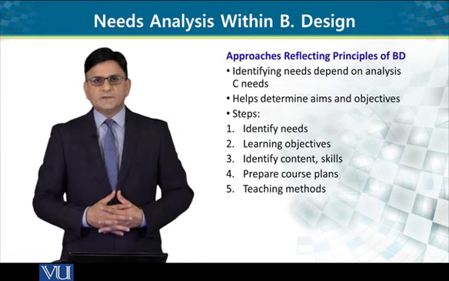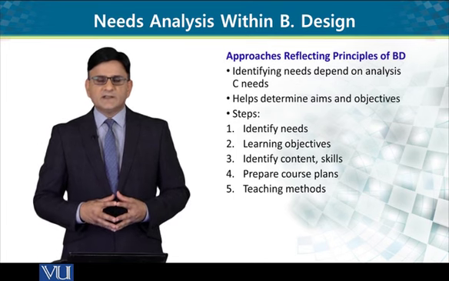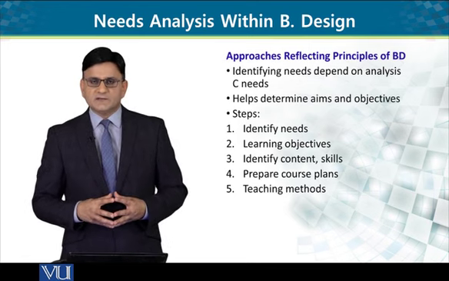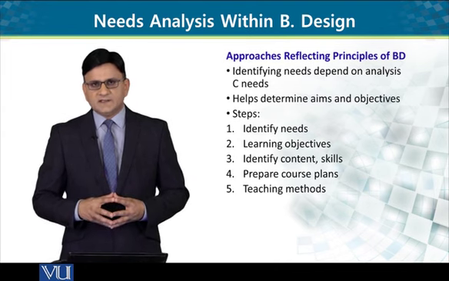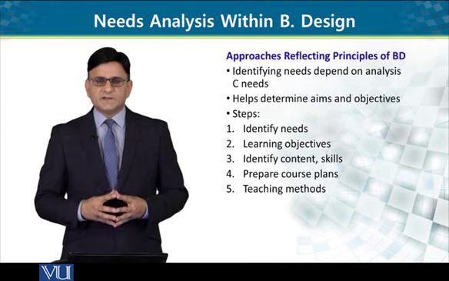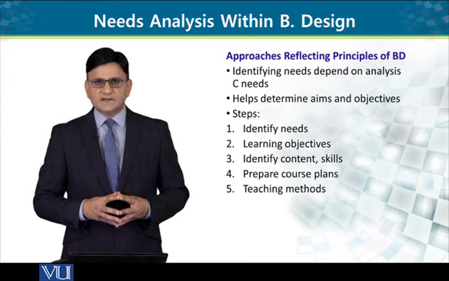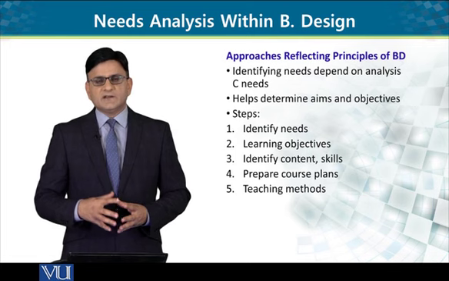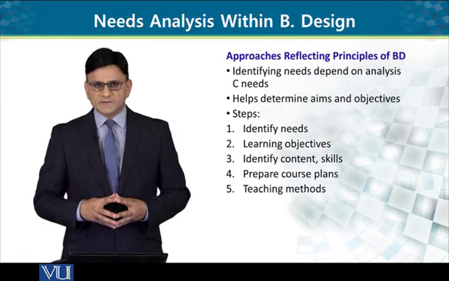There are various steps involved in finding out the communicative needs or doing systematic needs analysis. So first of all is just to identify the needs in terms of, for example, what are the wants or weaknesses, strengths of the students, and what level they are. And then we can think of making decisions about determining the learning objectives of the course.